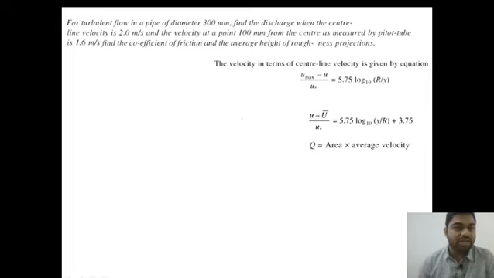We also need to find the coefficient of friction and the average height of roughness projections.